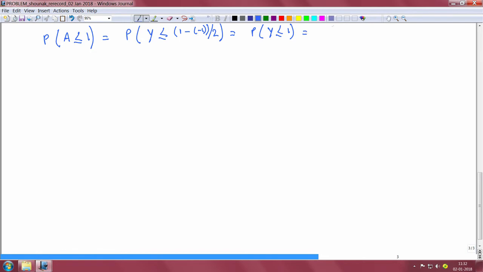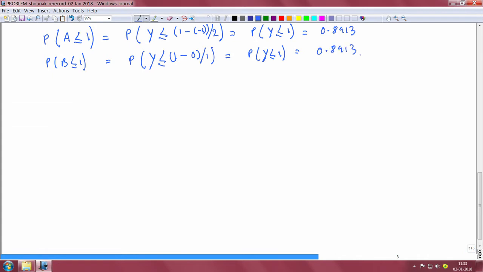This comes out to be 0.8413. Similarly, probability that b is less than or equal to 1 is probability that y is less than or equal to 1 minus 0 by 1, which is equal to probability that y is less than 1, the same value 0.8413.